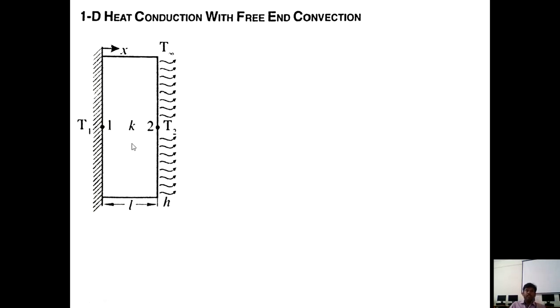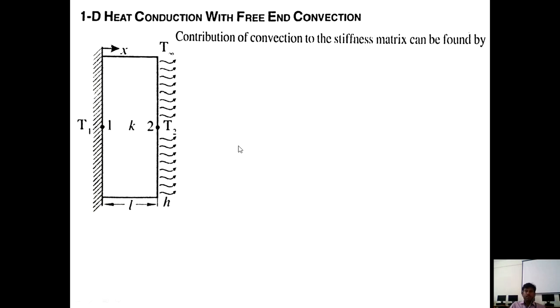Here in the sketch we have seen that the element has nodes 1 and 2, the length of the element is L, and convection is taking place at only one end. In the case of conduction, K equals the integral over volume of B transpose D B dV.